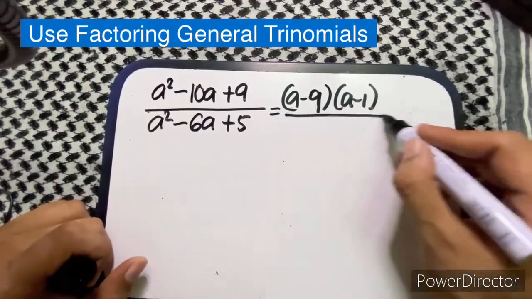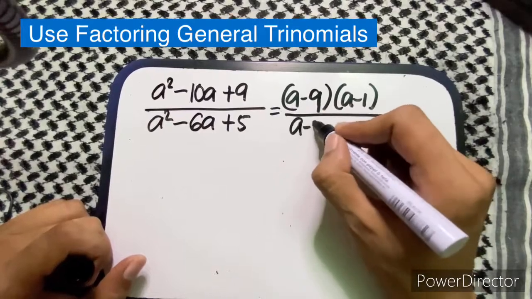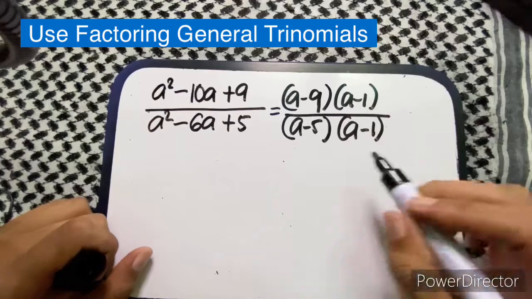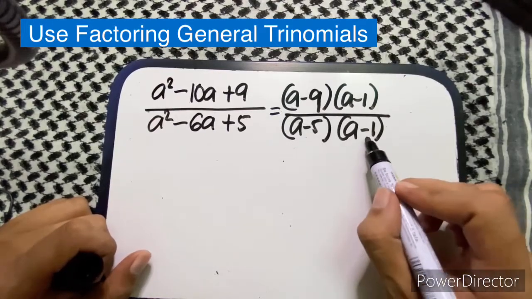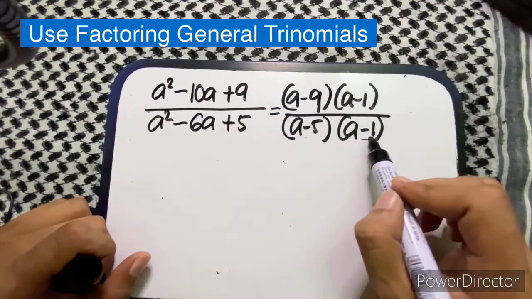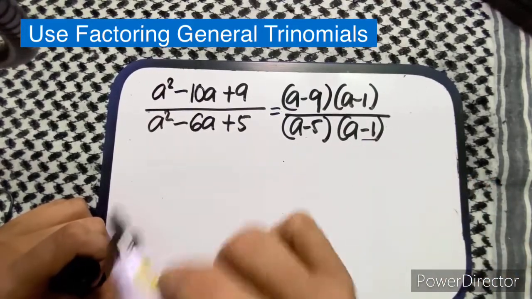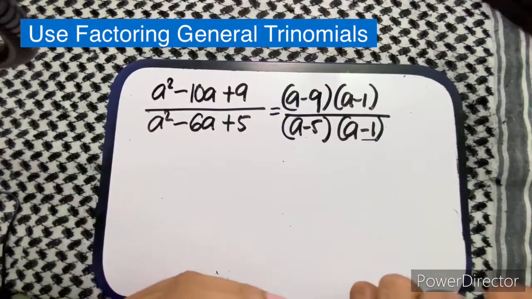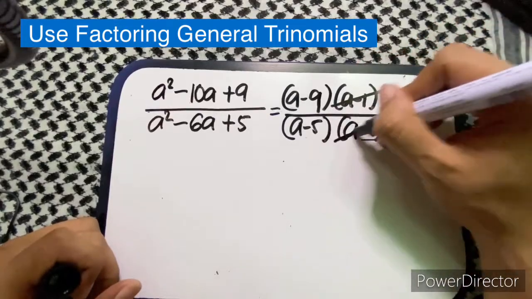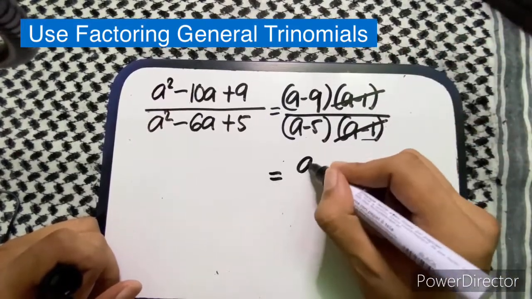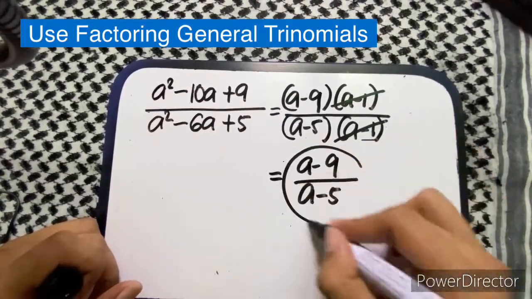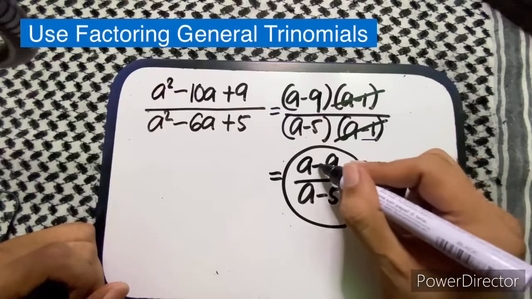In the denominator, we can write a minus 5, then a minus 1, right? Negative 5 times negative 1 is positive 5, and negative 5 plus negative 1 is negative 6. So we go directly to the correct factors, okay? Cancel out, so the remaining is a minus 9 all over a minus 5. And this is our simplified form.